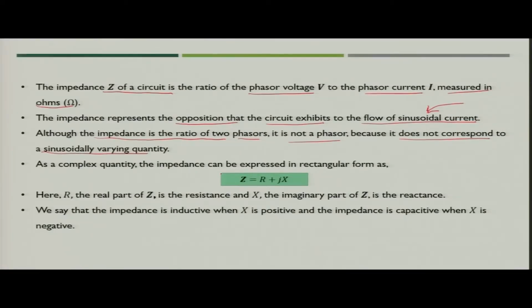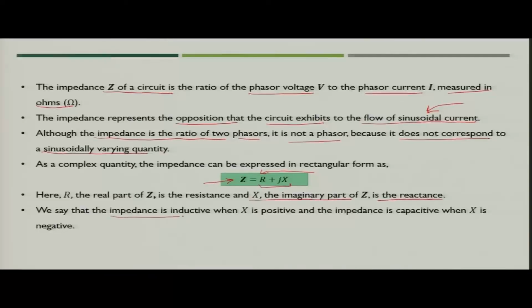The complex quantity for impedance is generally represented as Z is equal to R plus jX, where R is the real term, which is the resistance in the impedance, and X is the imaginary part of Z, called the reactance.